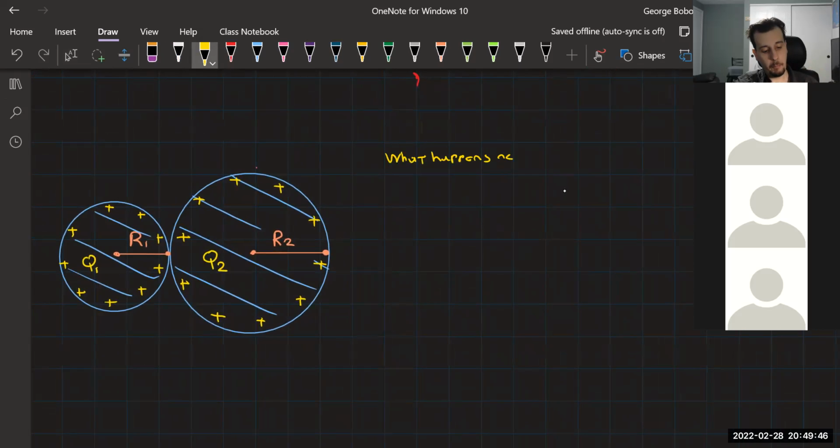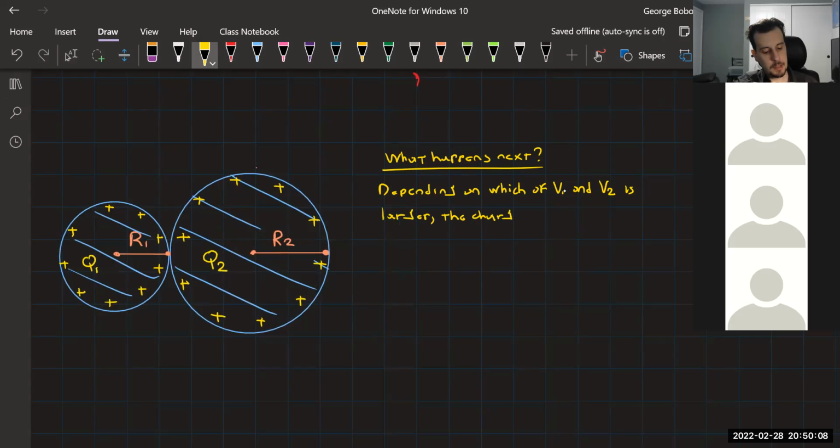So the answer to the question I was asking is, what happens next? Depending on which of V1 and V2 is larger, the charges move accordingly.